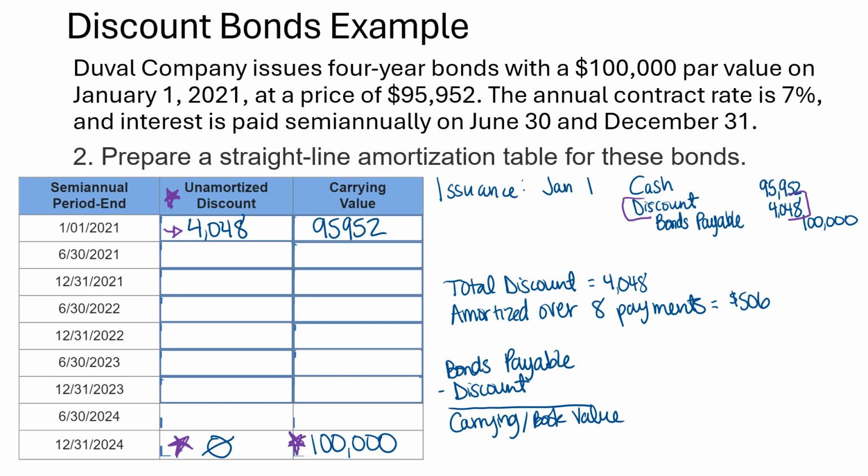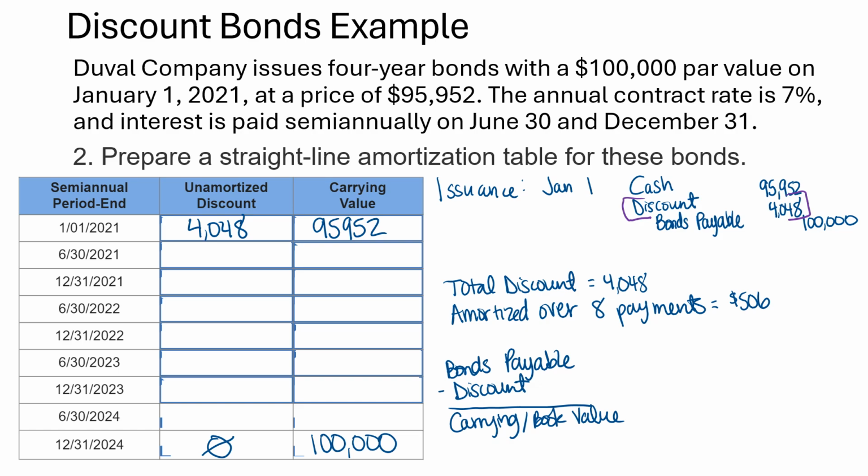So from here to here, the unamortized amount will be decreasing all the way to 0. At the same time, since that number is decreasing, our carrying value will be increasing all the way up to face value, which is $100,000. That gives you an idea of what your table looks like, and what direction the numbers will be heading in.